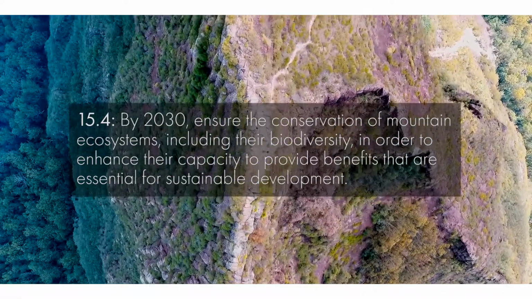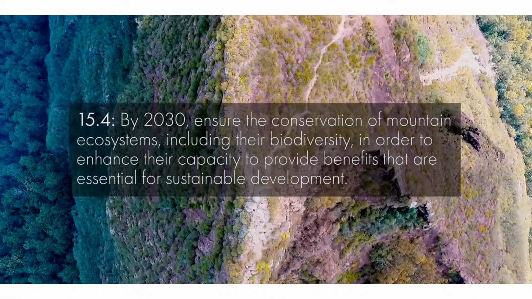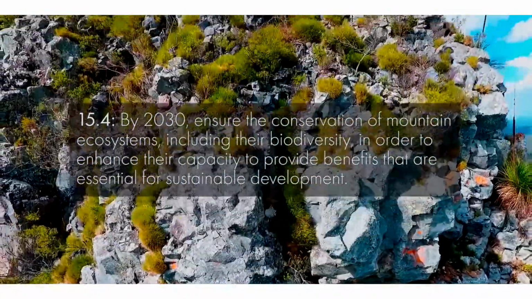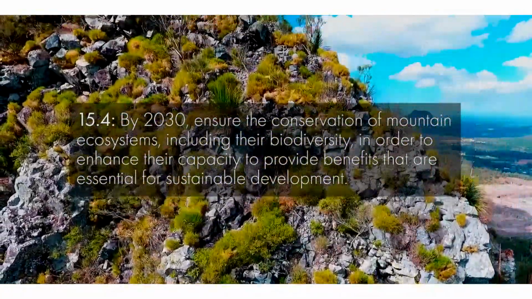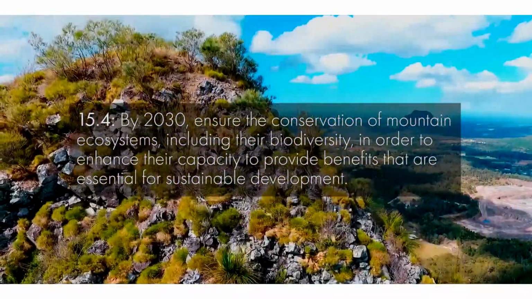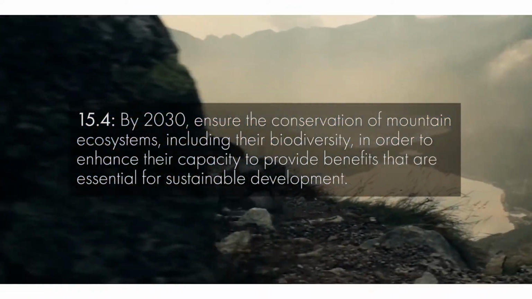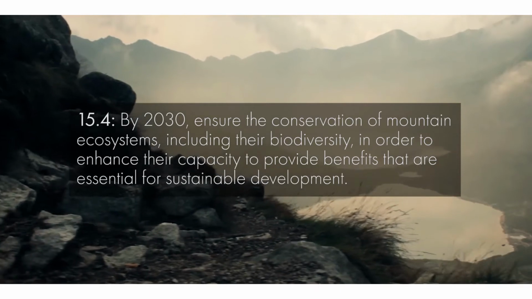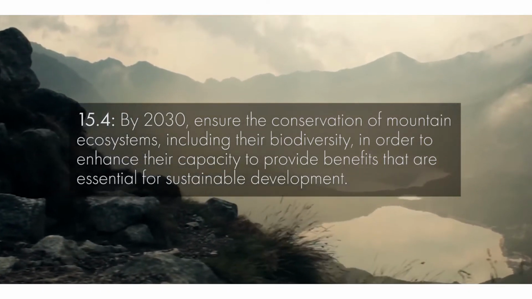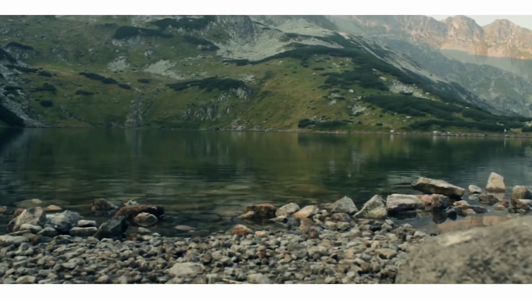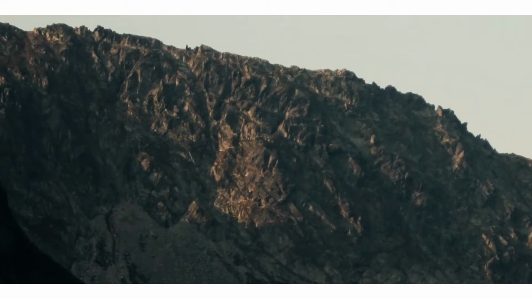Number 4 is to ensure the conservation of mountain ecosystems. And here is something very critical, because mountain forests are essential to protect the watersheds that oftentimes begin in mountains, and so protection of these mountains is essential.